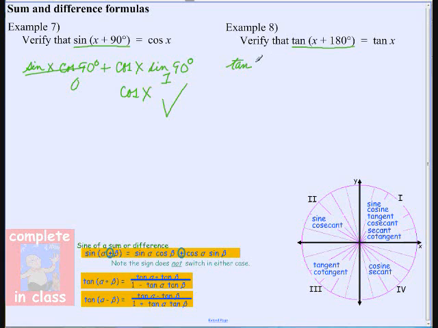My alpha is x plus the tangent of 180 degrees divided by, and now we're going to have 1 minus the product of those two.